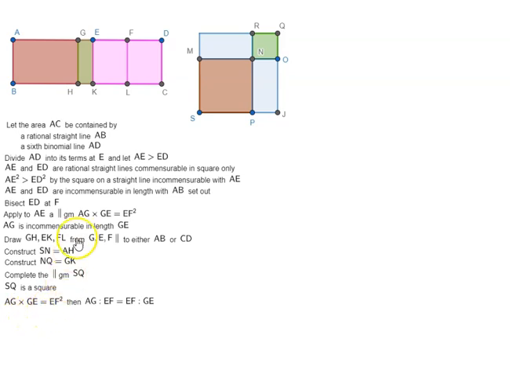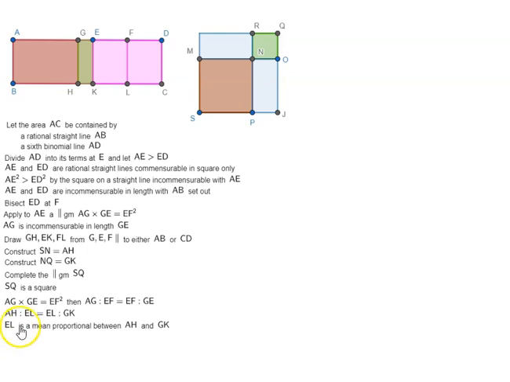AG by GE is equal to EF square. This can be written in proportion form as AG is to EF equal to EF is to GE. So which means AH is to EL is equal to EL is to GK. How? Because AH is a figure on AG, EL is a figure on EF, and GK is a figure on GE, and they are all between the same parallel lines.